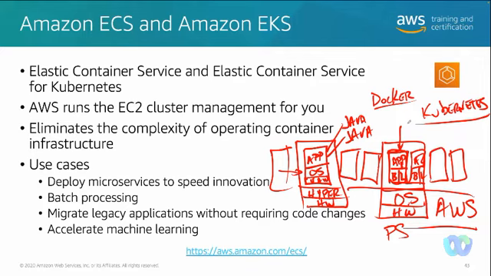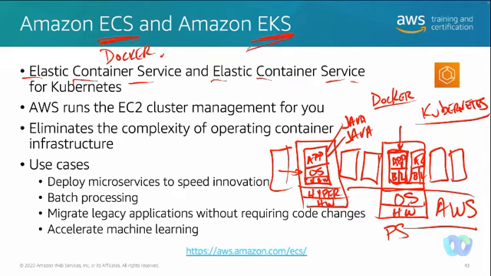So this is why you can have either a Docker or Kubernetes image. And in both cases, if you want to run that on AWS, we do have a service for that. It is called Elastic Container Service, or ECS. ECS is for Docker containers. And EKS, which is, sorry, that's wrong, it's Elastic Kubernetes Service, EKS, is of course made for Kubernetes containers.